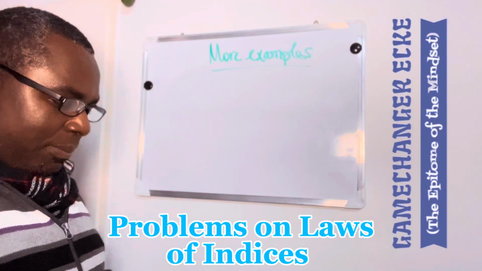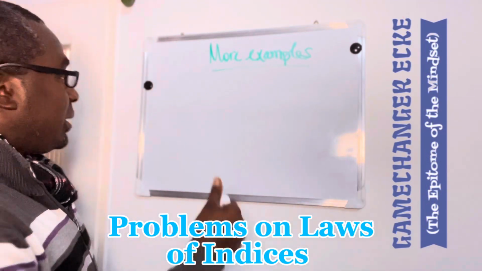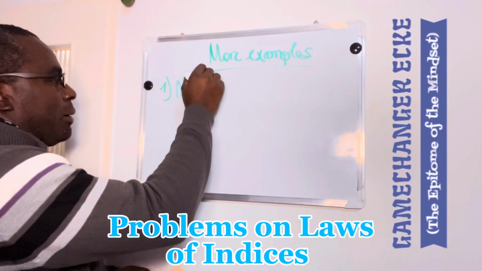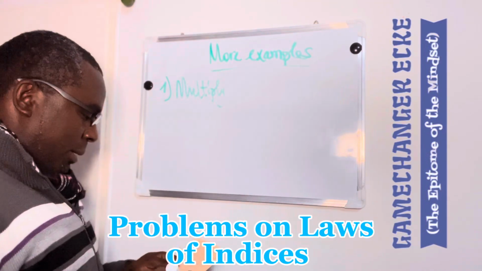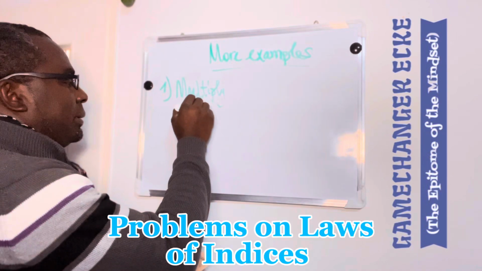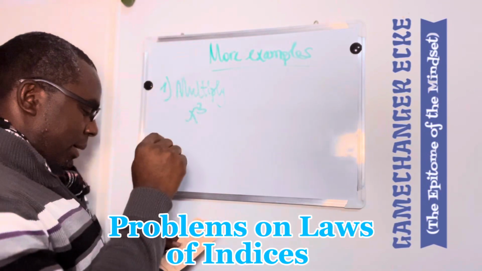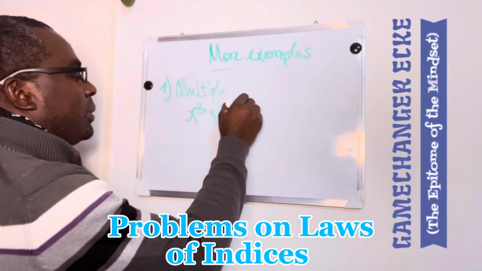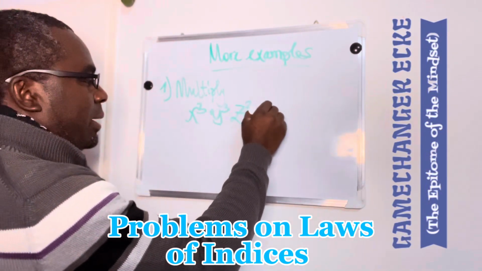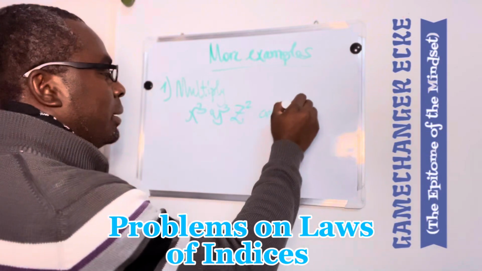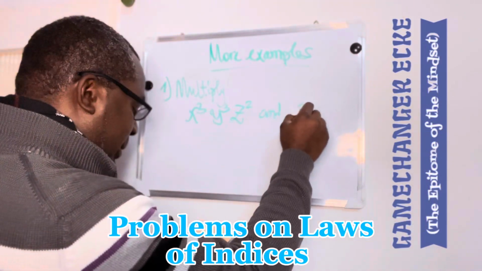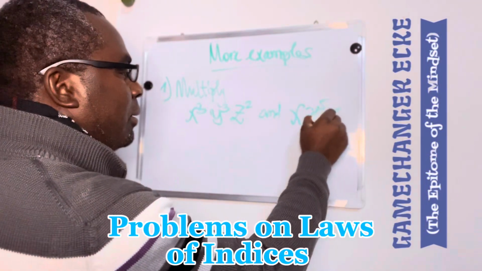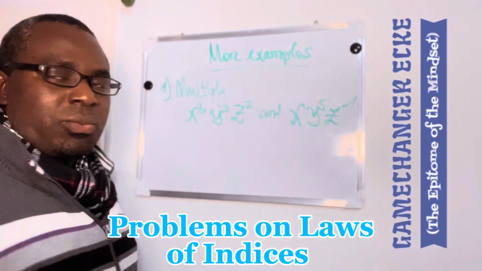So more examples here. Example number one: multiply x cubed y cubed z squared and x y to the power 5, z to the power minus 1.